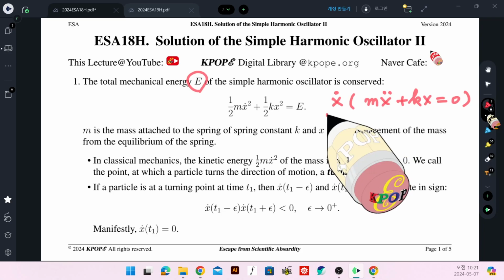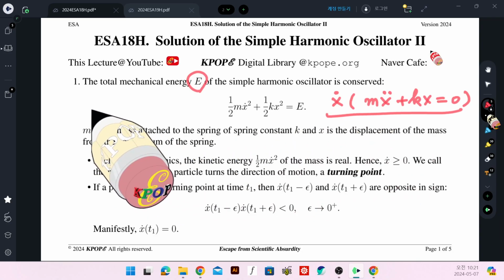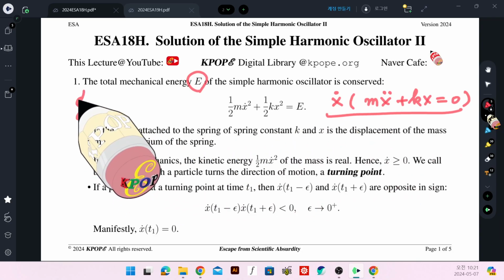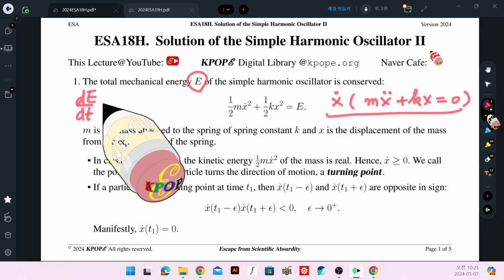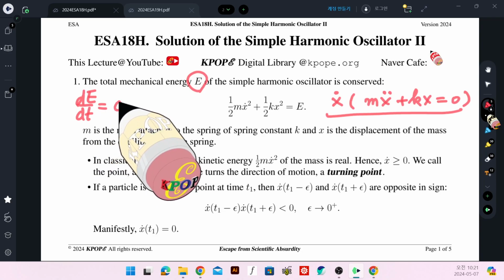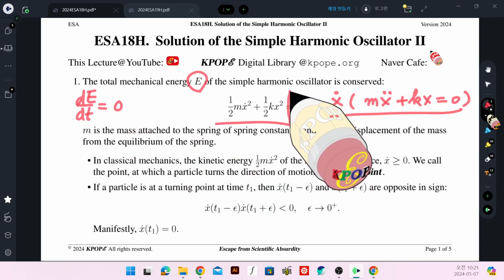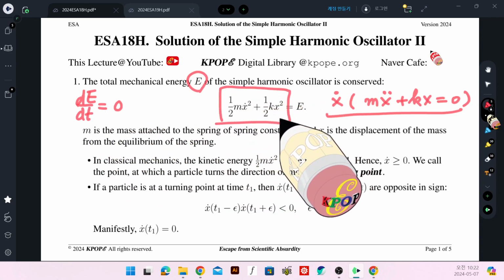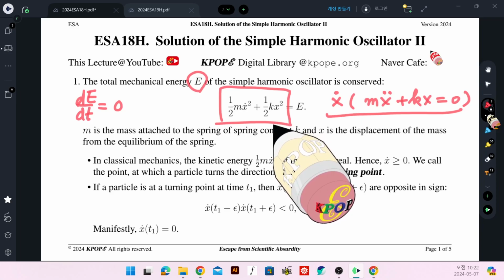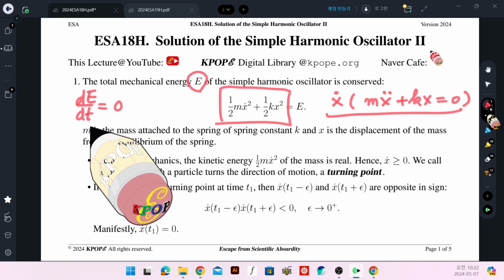And we have found that this is expressed as a total derivative of the total mechanical energy equals to 0. That means total mechanical energy, that is the sum of the kinetic energy and the potential energy, is a constant of motion.